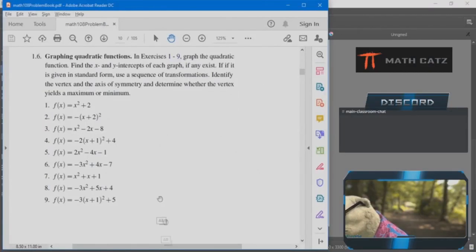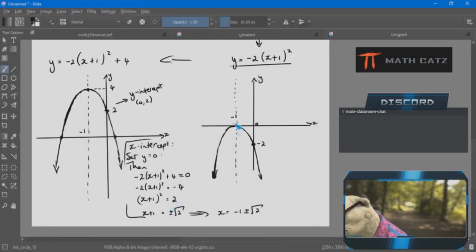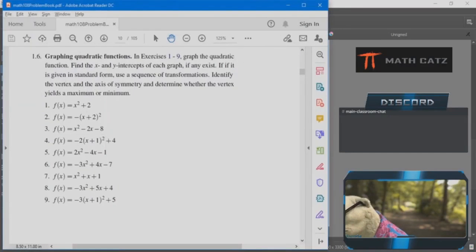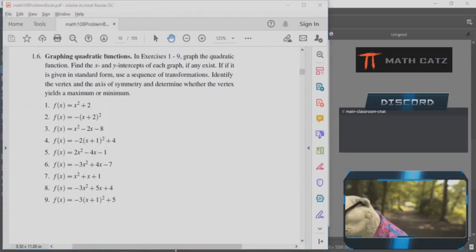What else do they ask me? Vertex, axis of symmetry. Sure, let's indicate that over there. I'm running out of space. I didn't plan this very well. The axis of symmetry is a line. It's a straight line sitting at negative 1. It's the vertical line x equal to negative 1. What else do we have here? Is the vertex yielding a maximum or a minimum?